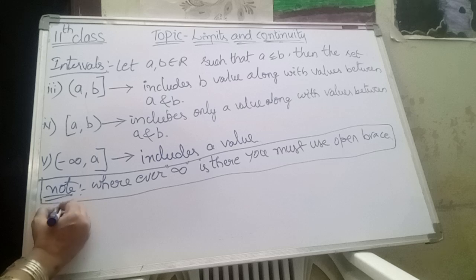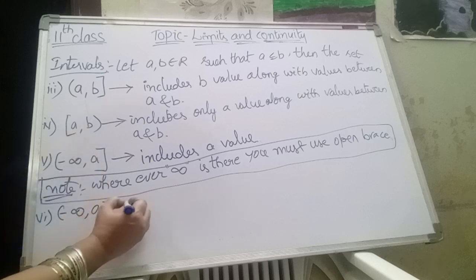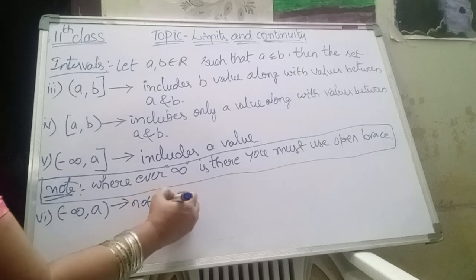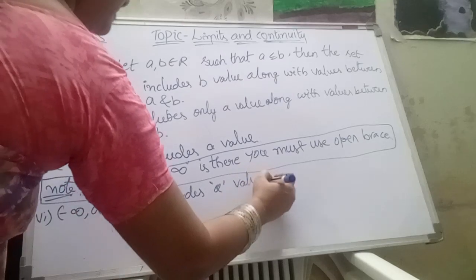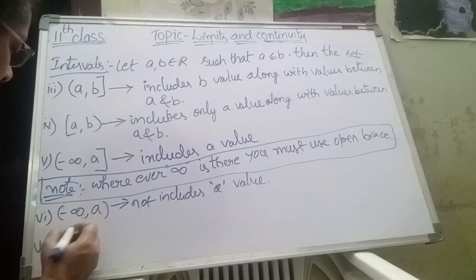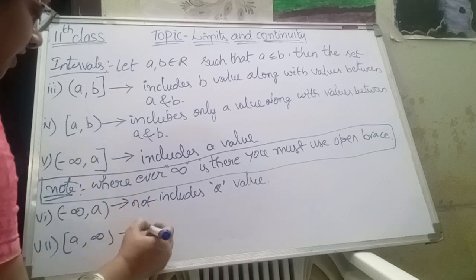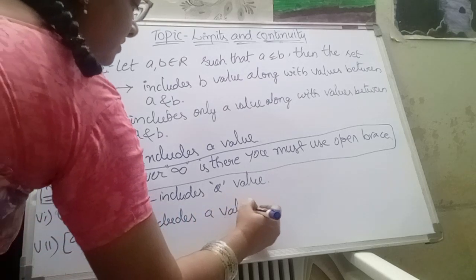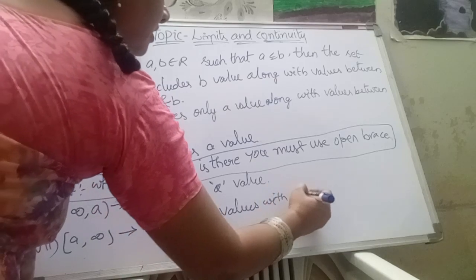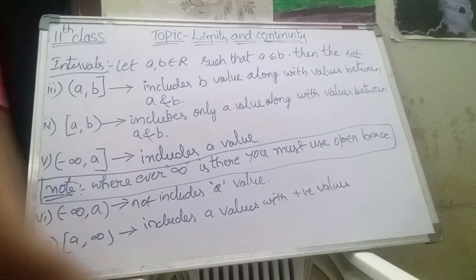Sixth one, minus infinity comma a. This is an open interval. Here you must not include the a value also. Next, the seventh one, a comma plus infinity, includes the a value with the positive values beyond.